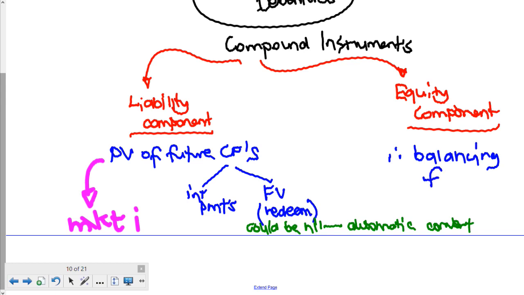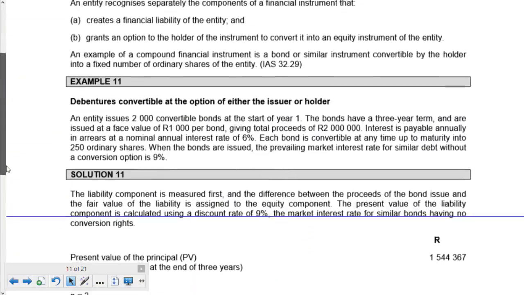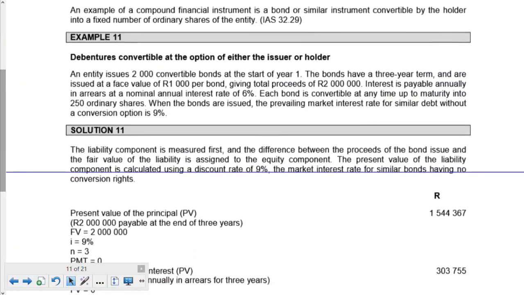Okay, so I'm going to take you through an example, and then you're going to practice 2 exam questions that are to do with equity components. All right, so the example, here's a debenture. The entity has issued 2,000 convertible bonds at the start of year 1.